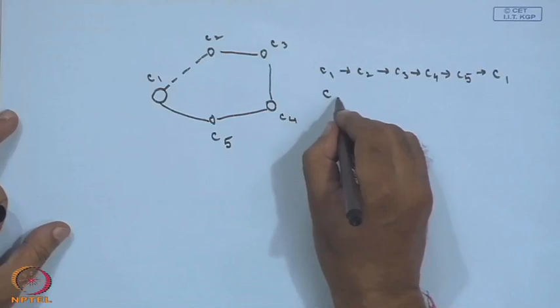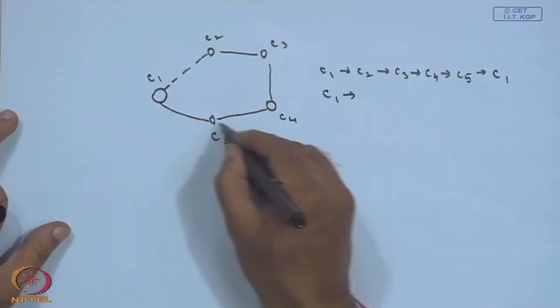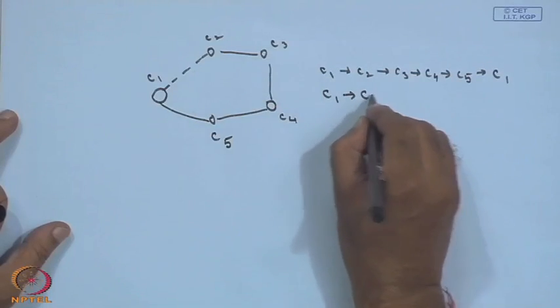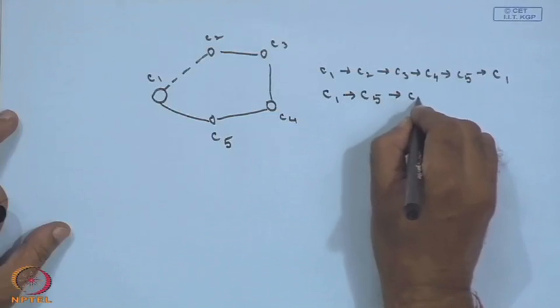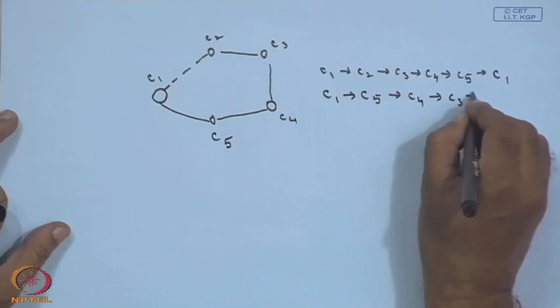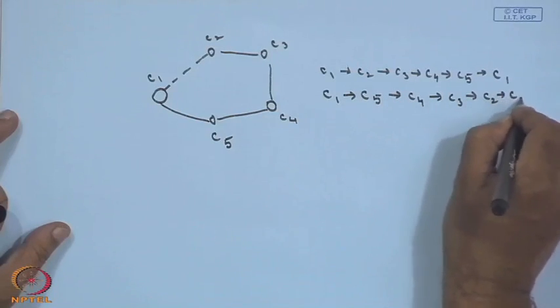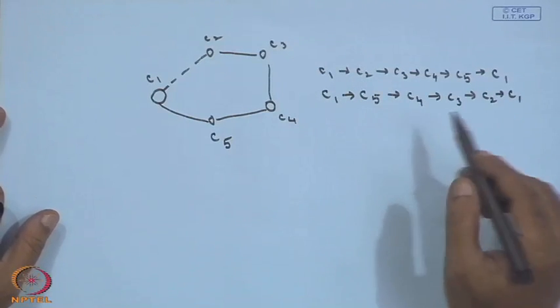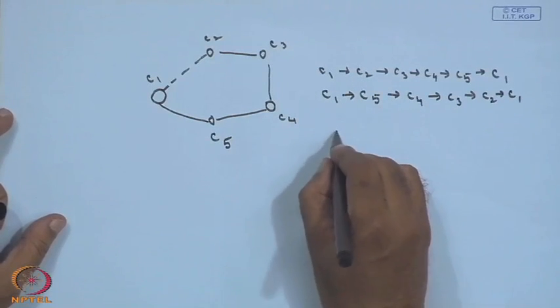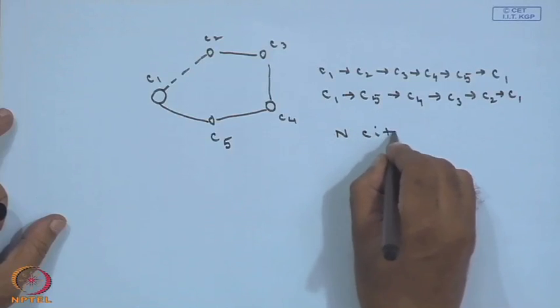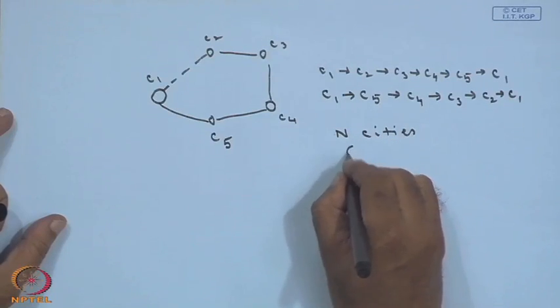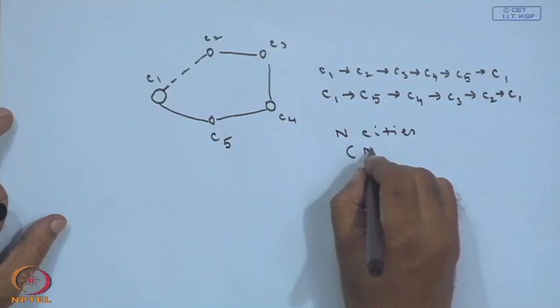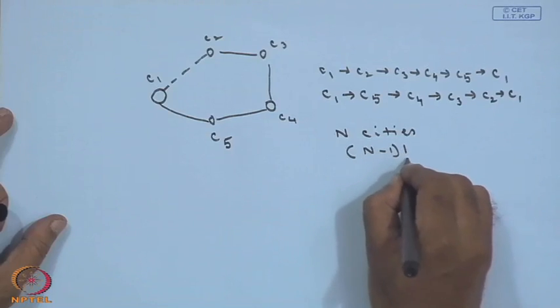Similarly, I may go C1, then visit in this way also, that is C1, C5, then C4, C3, C2 and then again I can come back to the original one. So, you see that different combinations can be made. In general, if we have n cities, then the total number of possible paths will be factorial n minus 1.